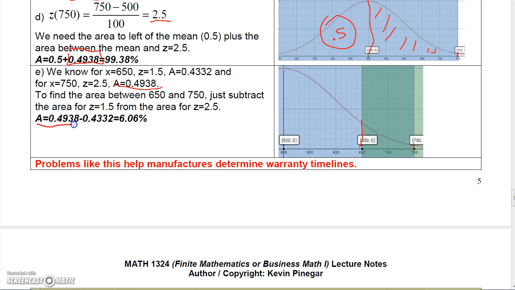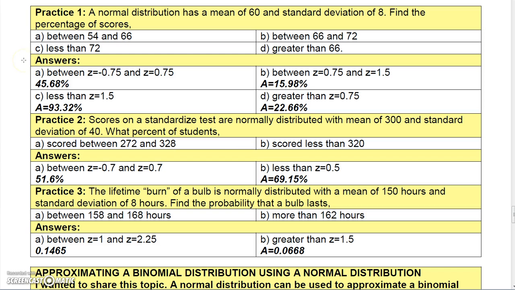So if we take 0.4938 and subtract 0.4332, we'll get that the area in between 650 and 750, which is the same area between z values of 1.5 and 2.5, is 0.0606, or 6.06%.